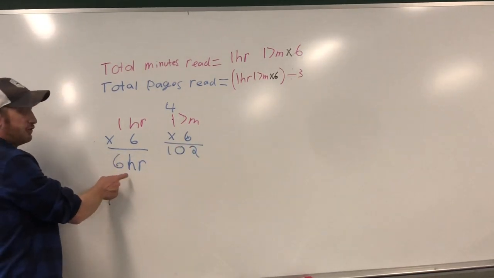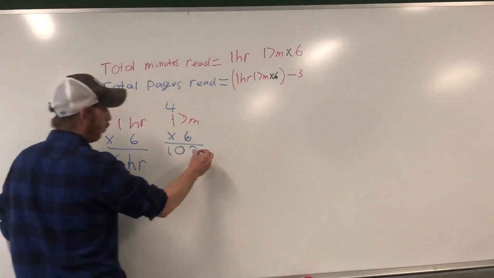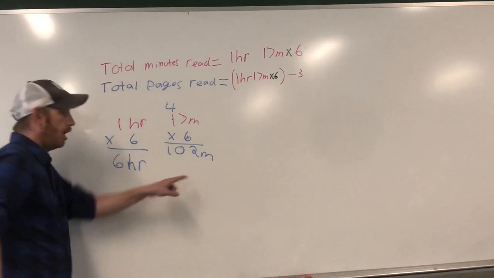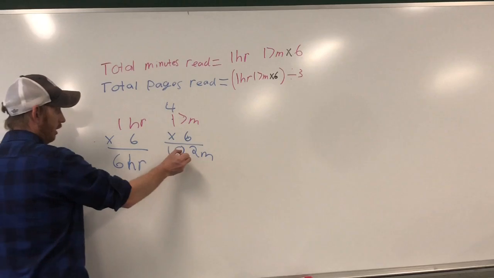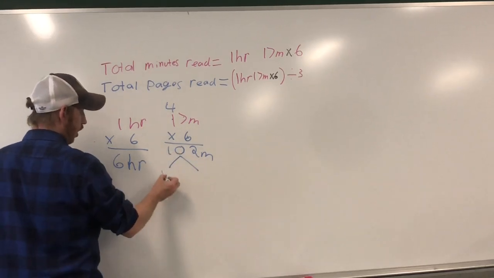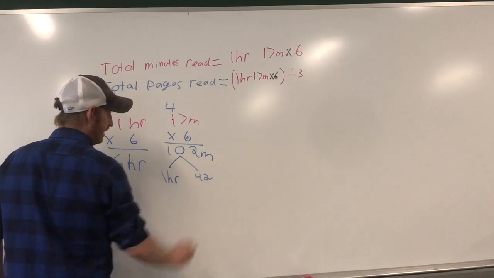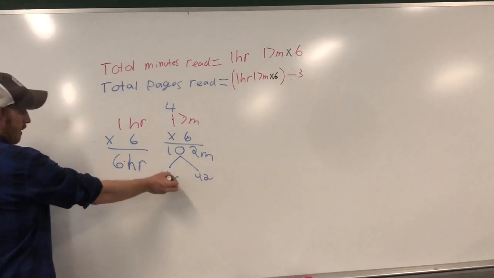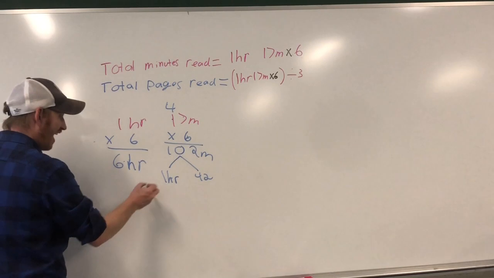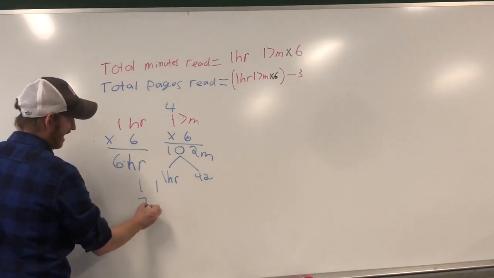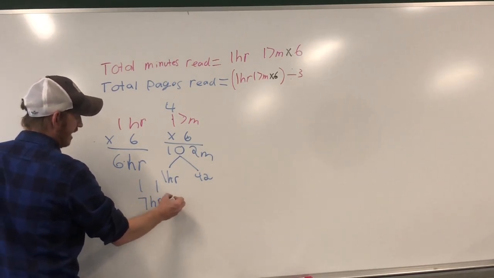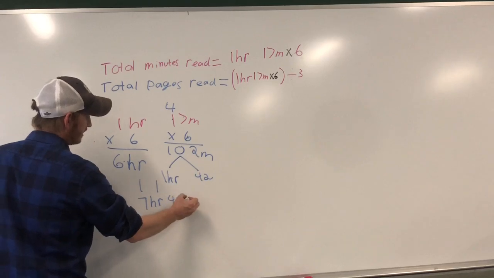So we have a total of 6 hours and 102 minutes. But 102 minutes can break out into 1 hour and 42 minutes. So when I put my hours together, my final answer is 7 hours and 42 minutes.